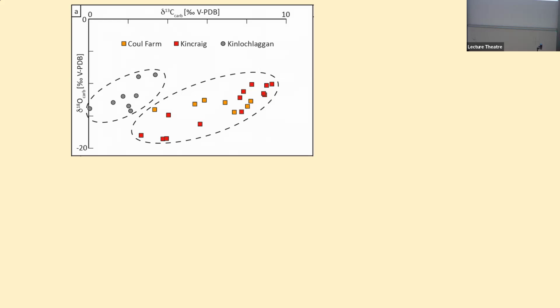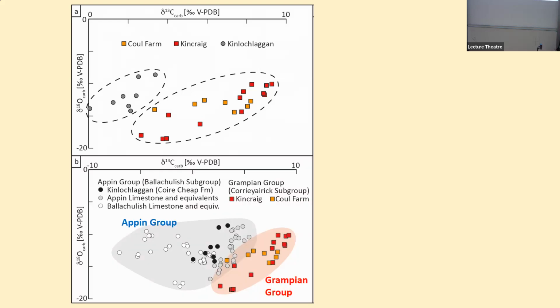If we then put those into the context of the Grampian and Appin group, we have a fairly nice distribution showing this differentiation between these limestone units, one of which plots within Appin group data very clearly, the one that was interpreted as Appin group, the Kinloch-Login, the other two plotting in the Grampian group field.